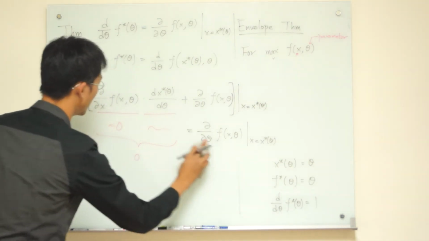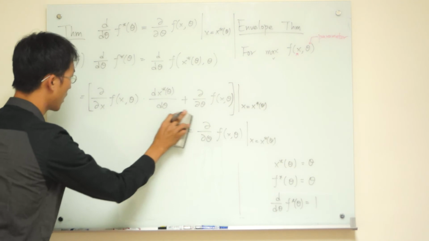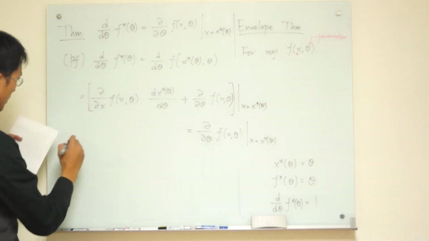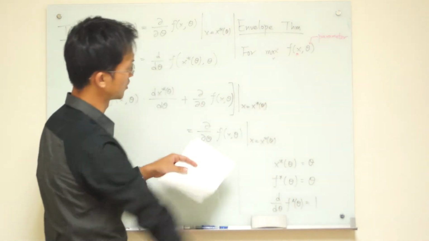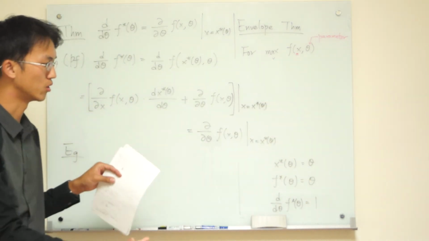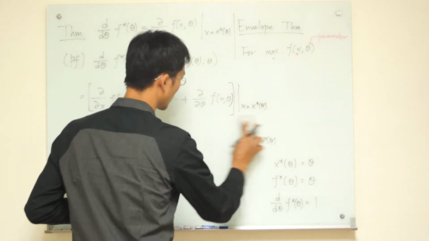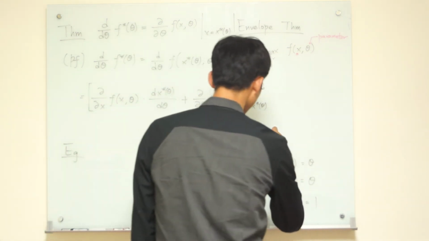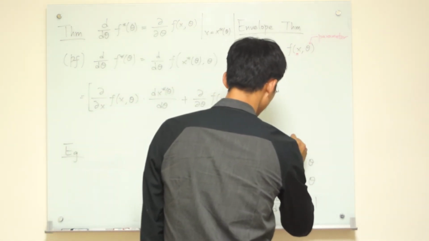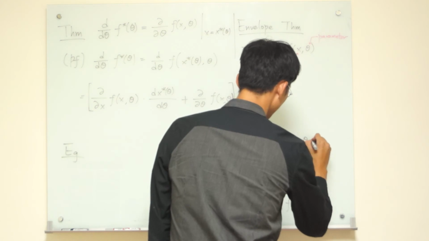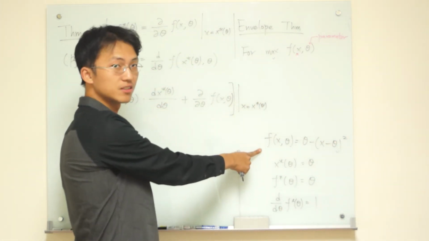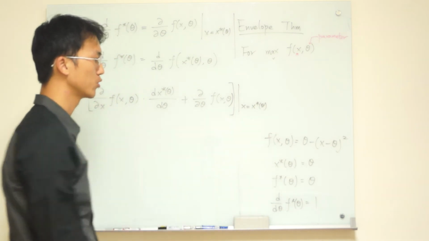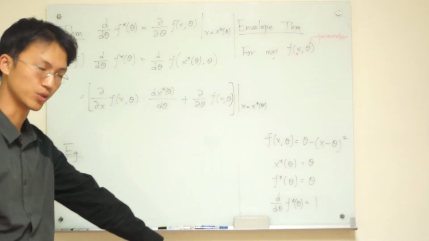So here, we're almost done. Let me show you how we may apply the rule to our original example. Okay, this is our original problem. When we want to do a maximization, blah blah blah, this is what we get.